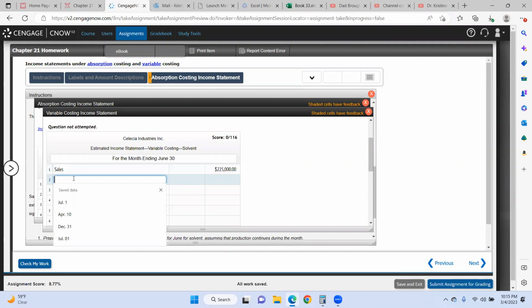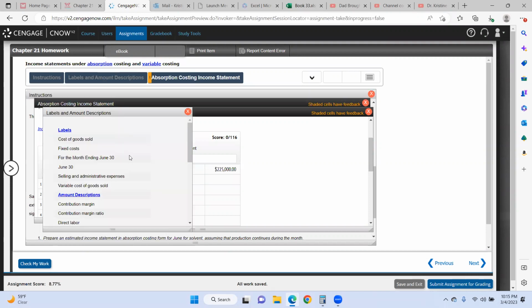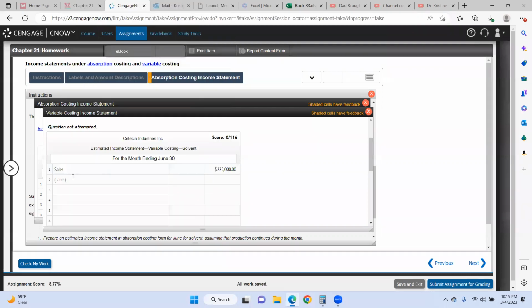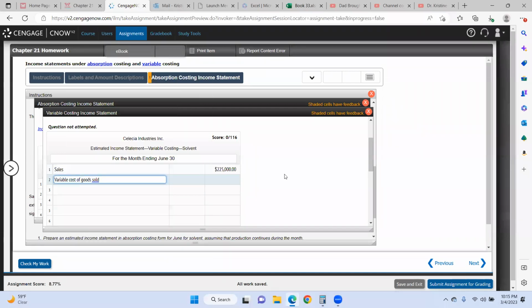Okay, the label. Now, this is going to be my variable cost. Let's see what they put in here. I'm going to double check this, make sure I got the right label. There should be no amount there. It should just be a description.